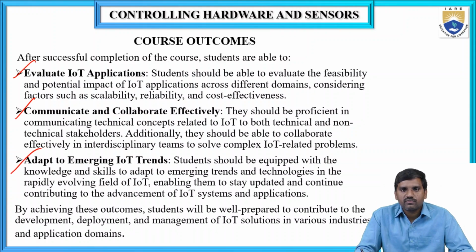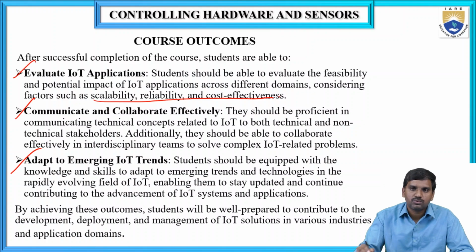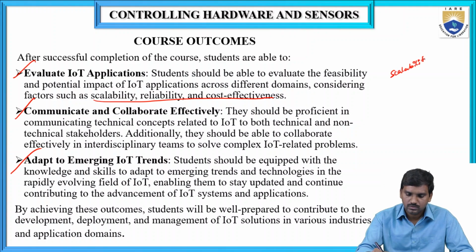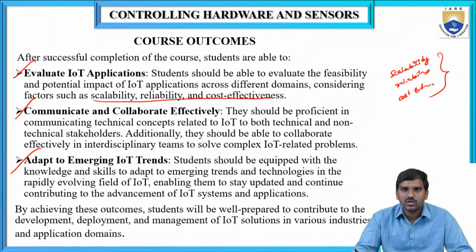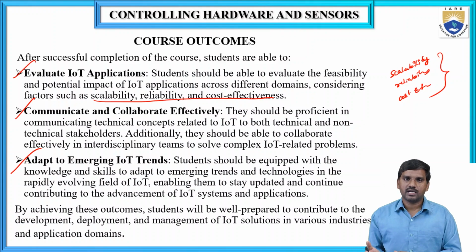In terms of evaluating IoT applications, we consider the scalability, reliability and cost effectiveness of the system. And communicate and collaborate effectively: we can communicate with another person and collaborate with any company.